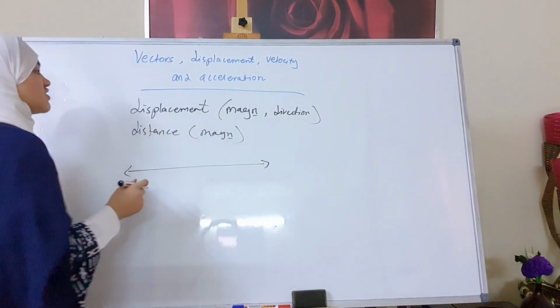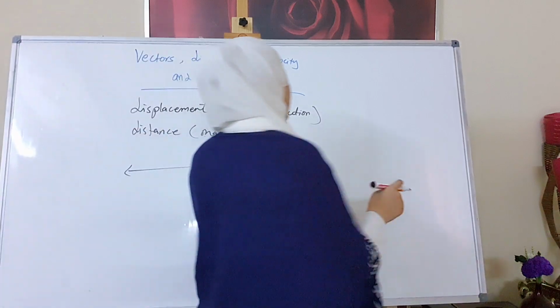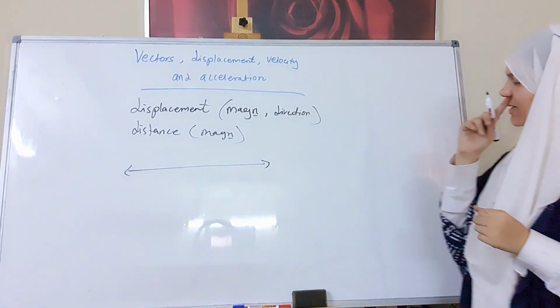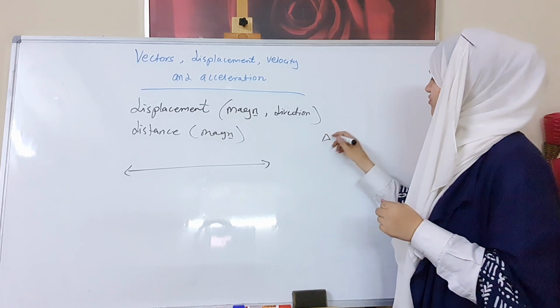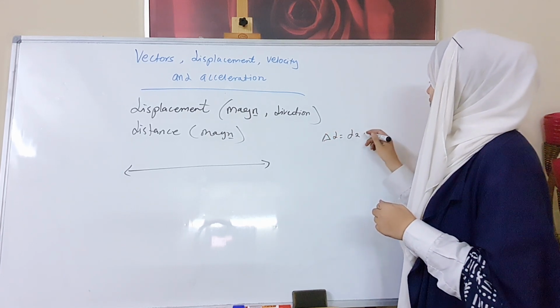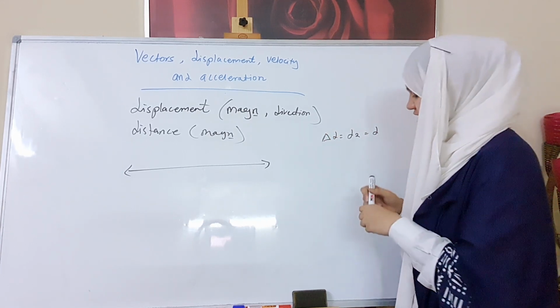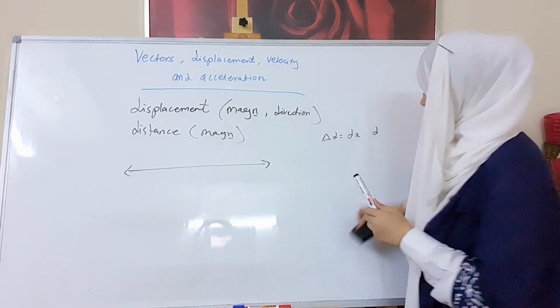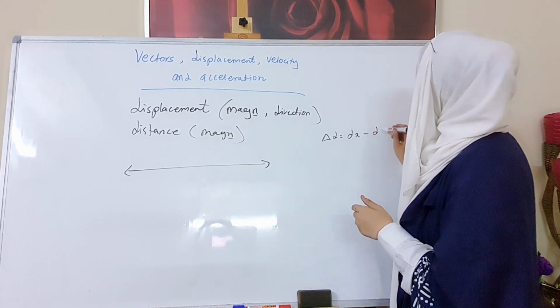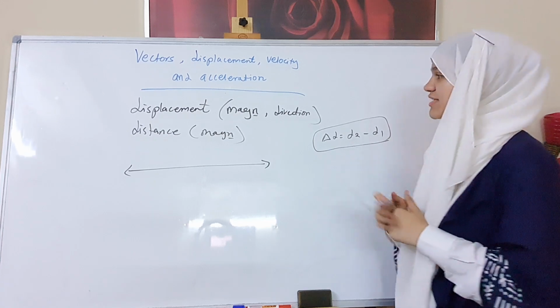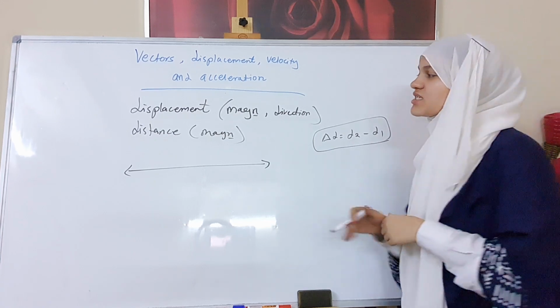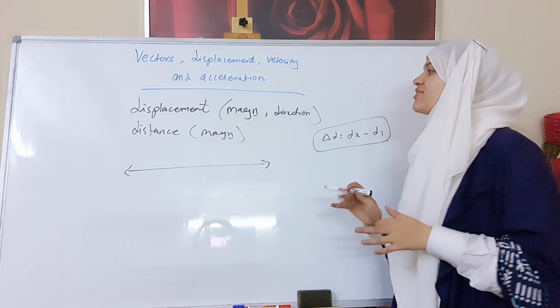Okay? So right now, if we have an example of how to calculate the displacement and the distance, we know that the formula for the change of displacement is d2 minus d1. But for distance, it's just adding the two distances together.